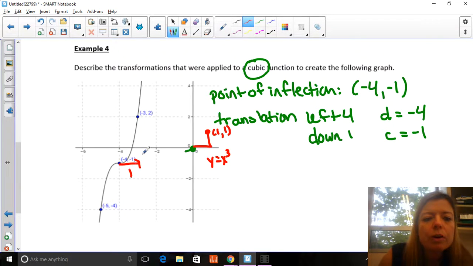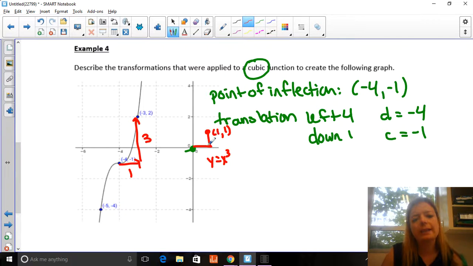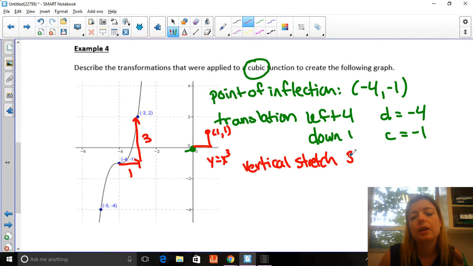Here, when you go over 1, you're going up 3. So because this has gone from 1 to 3, there has been a vertical stretch by a factor of 3. So your A value would actually be 3.